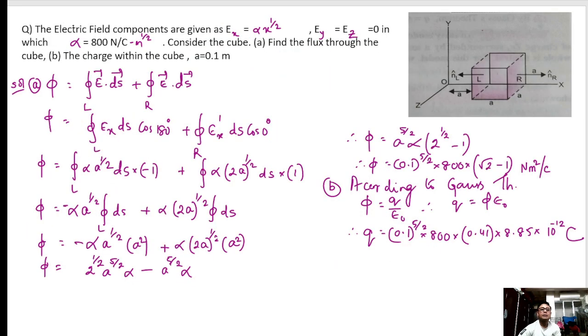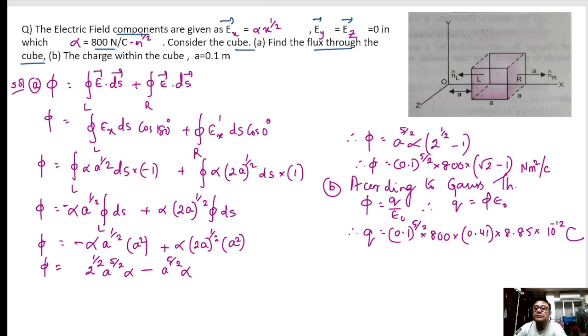Next, the electric field components: this is the X axis electric field, and Y and Z axis components are 0. Alpha is given. Consider this cube. Find the flux through the cube. Okay, so please watch.